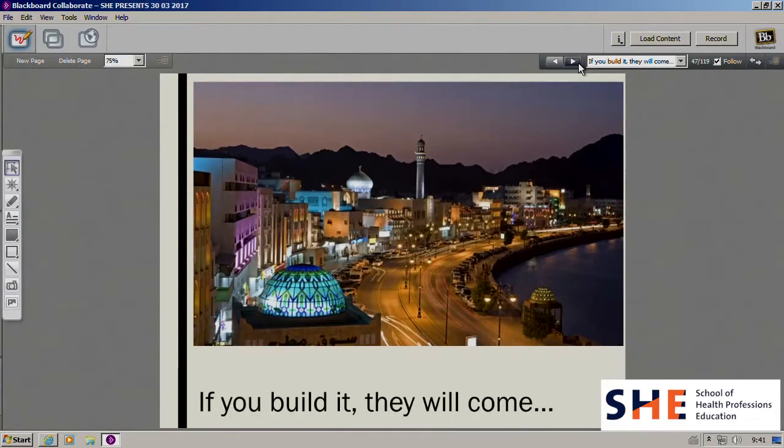However, once it's implemented, it's usually done by a different group, and there's a lack of stakeholder engagement there, and that link is missing. So the saying is, if you build it, they will come, and this is a picture from Oman. And my argument is, yes, if you build it, they will come, or do they really come? And maybe we need to look further into that.